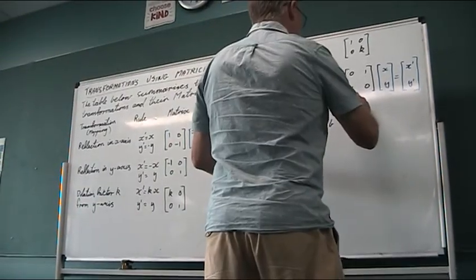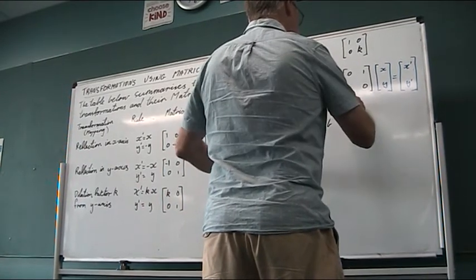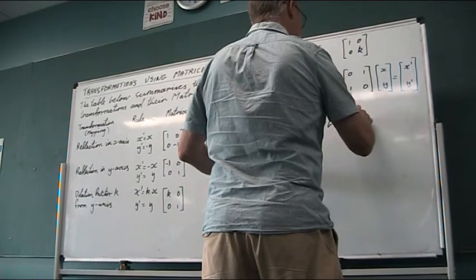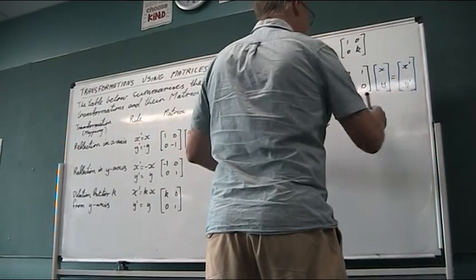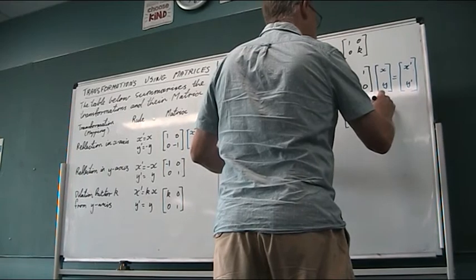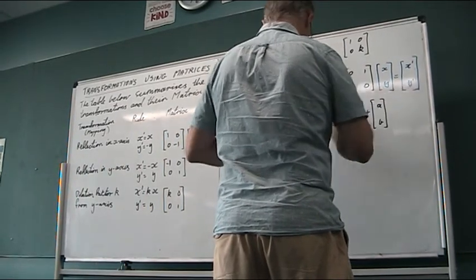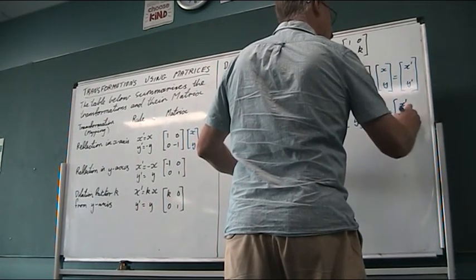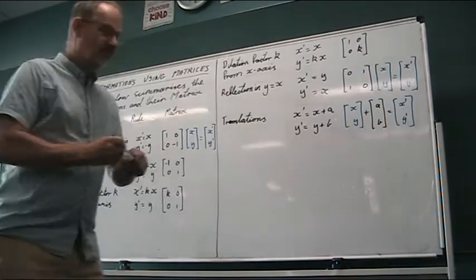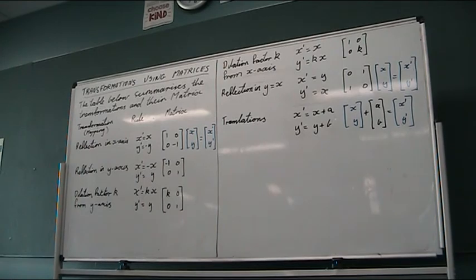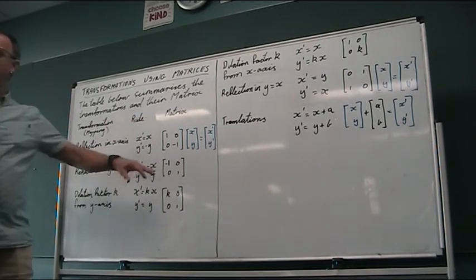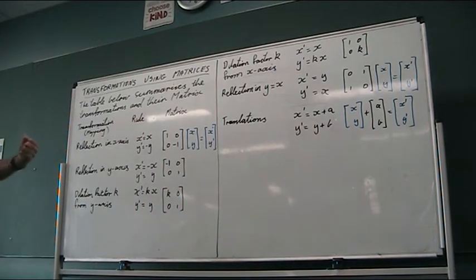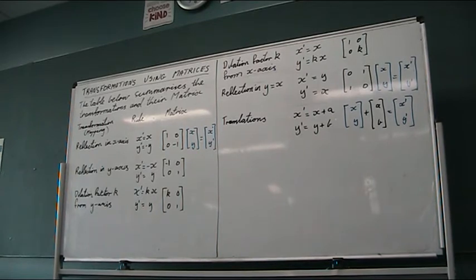So in matrix form, we are adding a matrix. All these ones where we multiply, they always go in front. When we're adding, it goes behind.